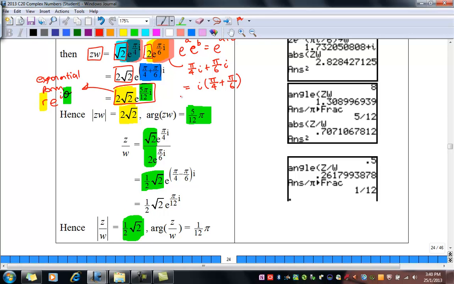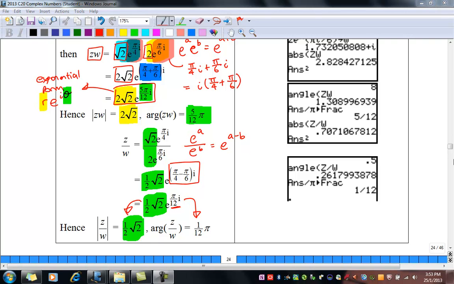Similarly, I know that e to the power of a over e to the power of b is e to the power of a minus b. Therefore, the new index of e will be pi over 4 minus pi over 6 times i, which I can evaluate to be pi over 12 i. So this part here is going to give me the argument, while the constant term here tells me that the modulus of z over w is just half root 2.